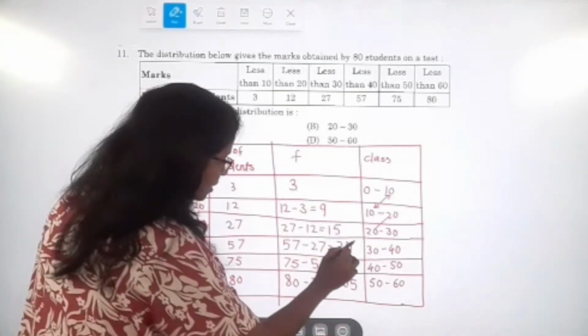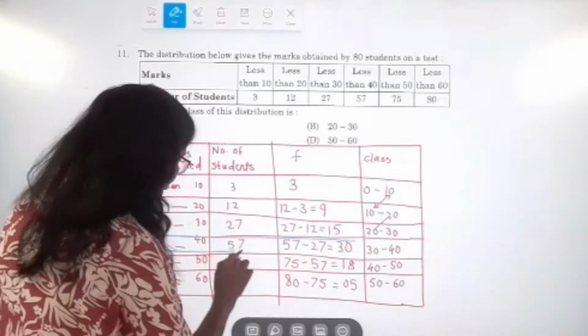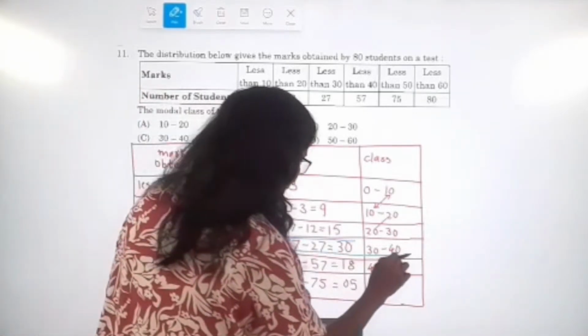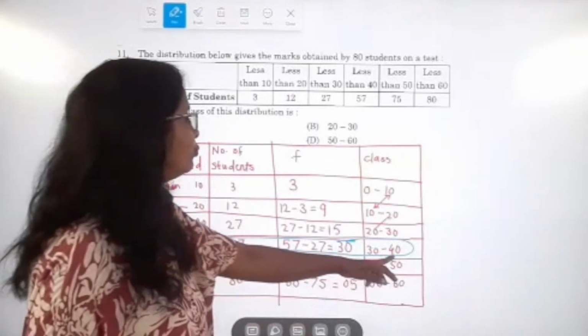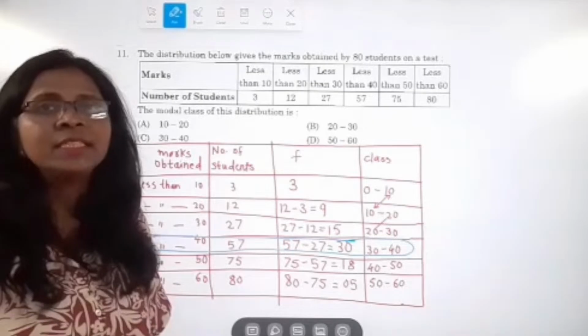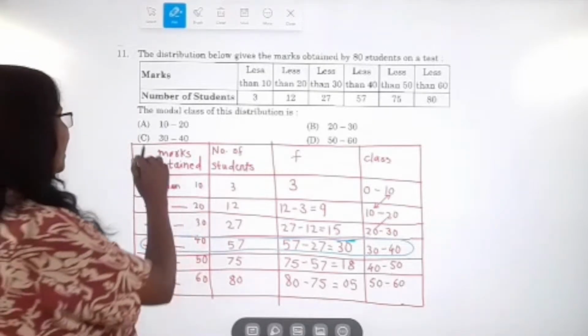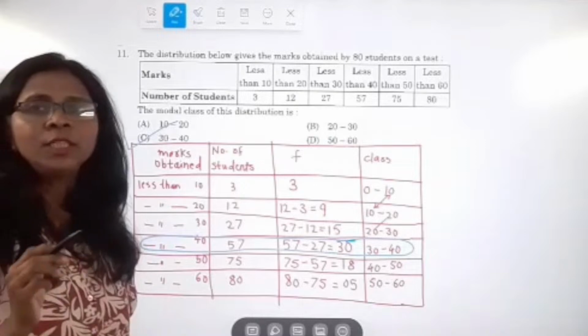So 30 is the highest frequency. We take this row, and this row has the class 30 to 40. So 30 to 40 is the correct answer. The correct option is C, 30 to 40.